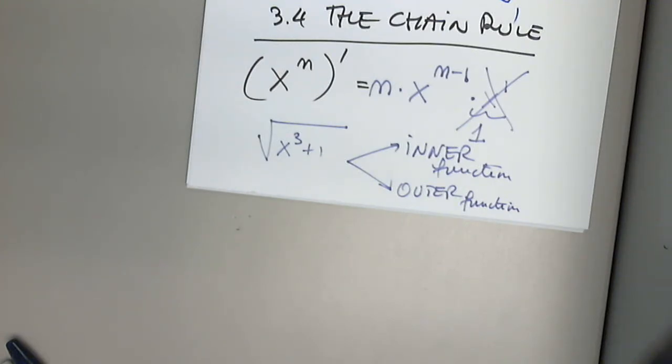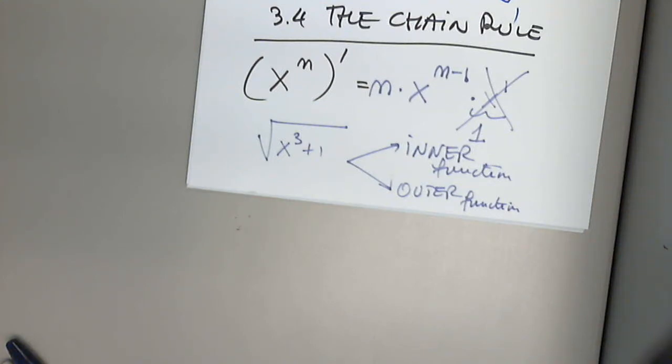We are given the square root of x cubed plus 1, and we're asked to evaluate this function when x is 2. Which piece of all this would you evaluate first? You cannot get to the square root. You cannot evaluate the inside. If you don't evaluate first the inside, you're not going to apply the square root. You don't have the number to apply the square root to.